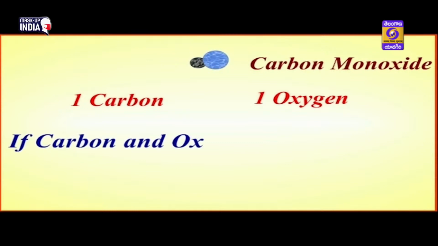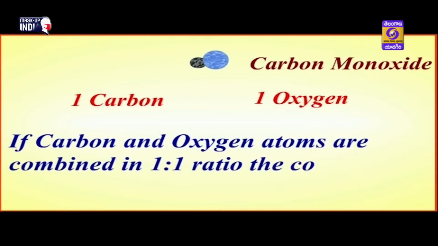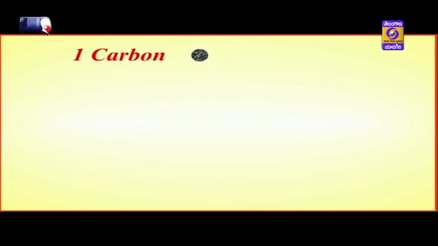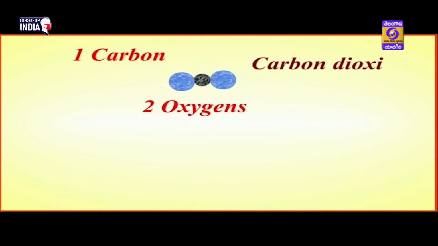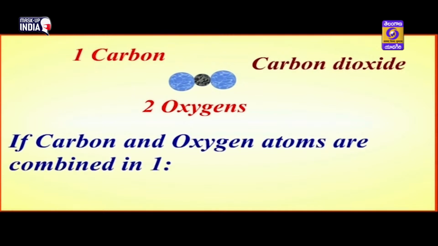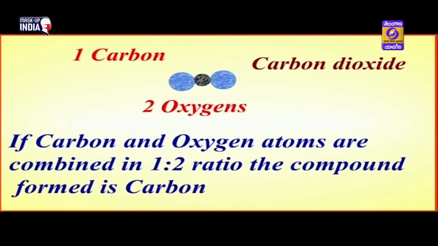If carbon and oxygen atoms are combined in 1:1 ratio, the compound formed is carbon monoxide. Whereas, if carbon and oxygen atoms are combined in 1:2 ratio, the compound formed is carbon dioxide.